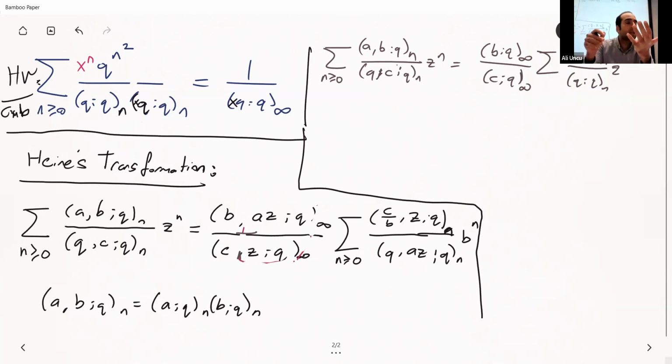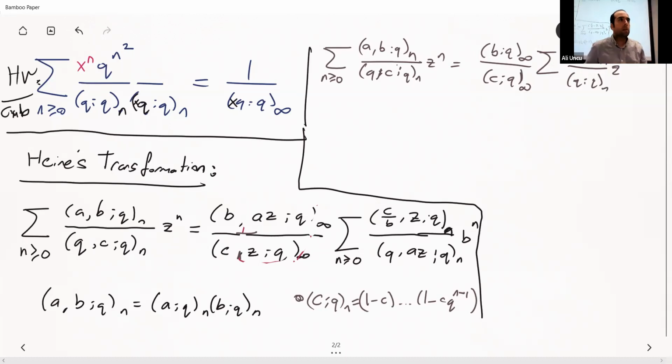So what have I added? This (c; q)n was going all the way from 1 minus c to 1 minus c q^(n-1), right? So for me to make this an infinity, I need to finish the tail of this. So I need to start from giving it everything from 1 minus c q^n and up.